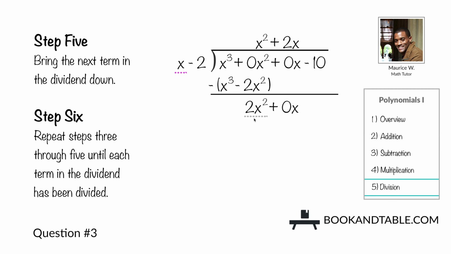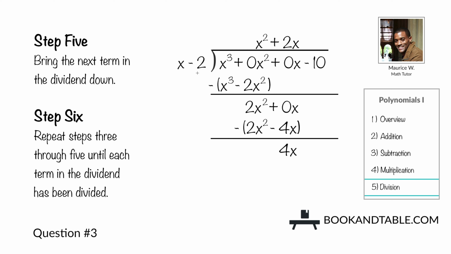So we'll divide the first term, 2x squared, by the term with the highest degree, which is x. 2x squared divided by x is 2x. And now we'll multiply the divisor times that answer from the previous step, 2x. 2x times x is 2x squared.